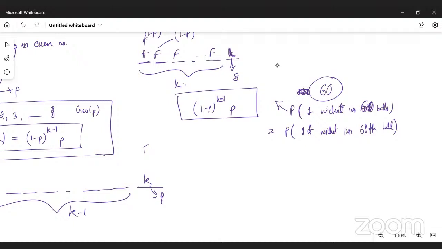Ma'am, just a follow-up question, might be a premature one. Whatever probability we are assigning here, like 1 minus p and p, this is called prior probability, right? In the question, the probability of success is generally given, right? Yes, it will be given.